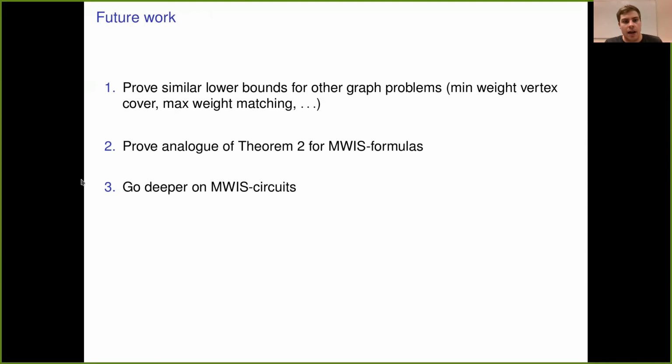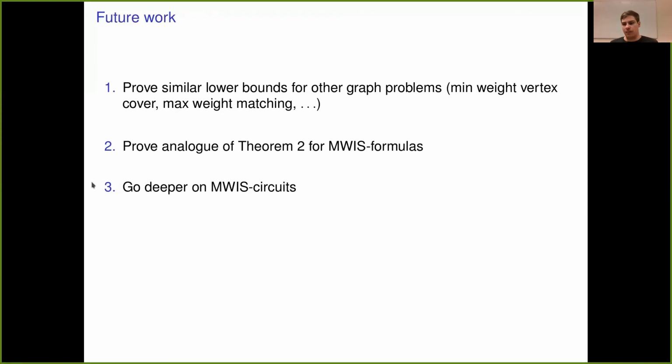Another thing is that we didn't have a lower bound parameterized by tree depth. We didn't have a lower bound for MWS formulas for planar graphs. So it would be interesting: could we give this kind of lower bound also for formulas like we had for circuits?